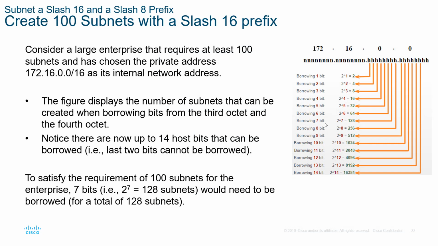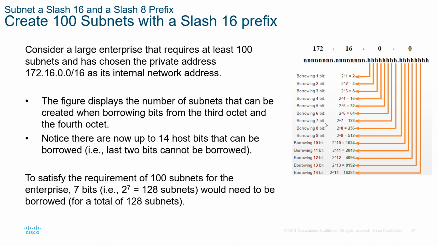So if we're looking at 100 subnets with a /16, this is called bit borrowing. Basically, the figure will display the number of subnets that can be created when you borrow bits from the third and the fourth octet. If you're borrowing 1 bit or 2 bits or 4 bits or 5 bits and so forth.